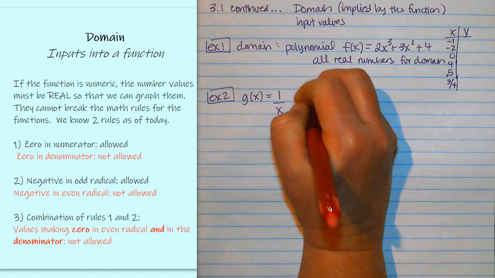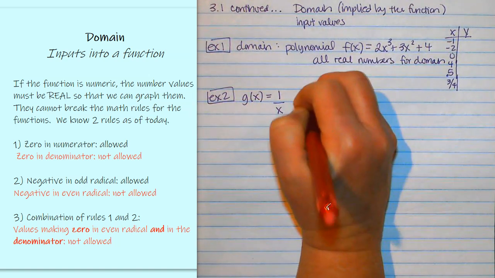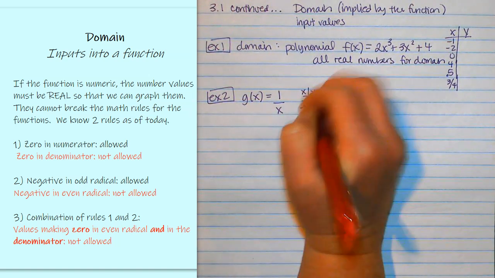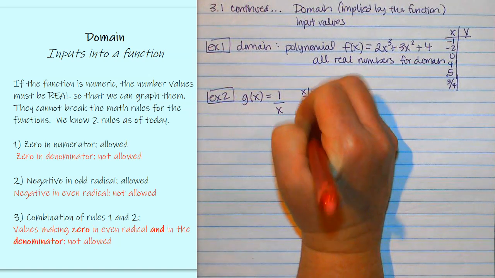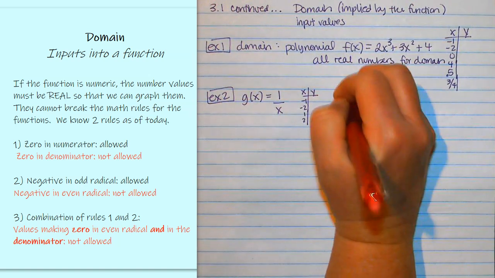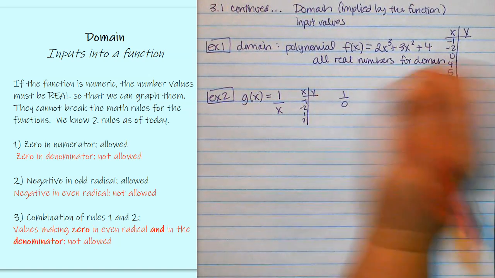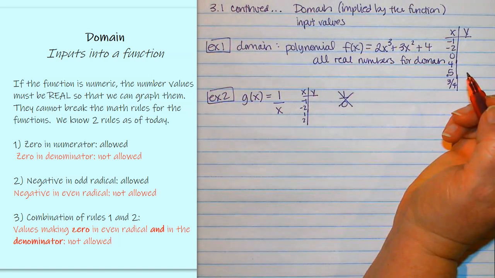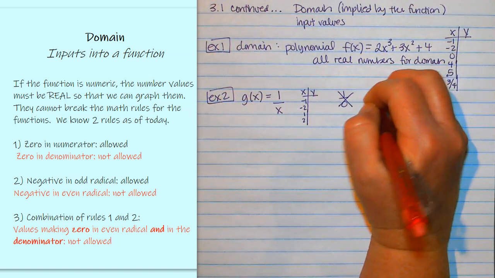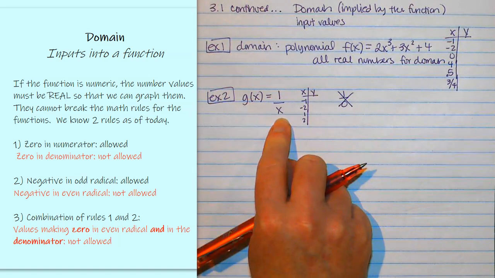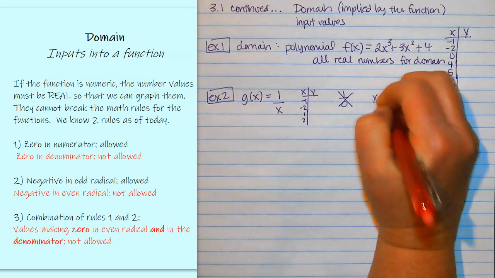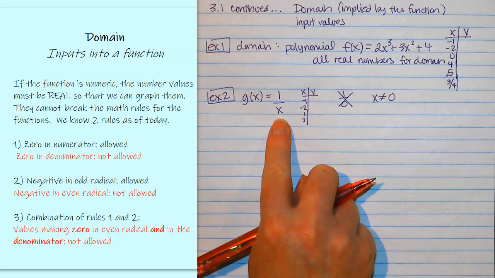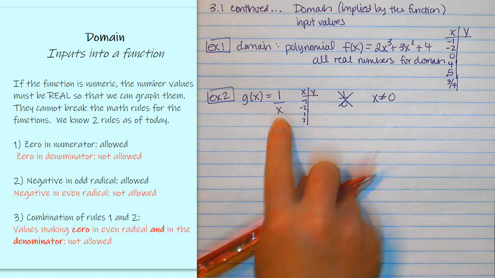So we can make an XY chart and put in -1 and -2 and +1 and +2, but we can't plug in 0 because this is not allowed. So we can't put in 0. We have to say that the domain for this graph is x cannot be 0. That's the number that makes the fraction 0 in the denominator.